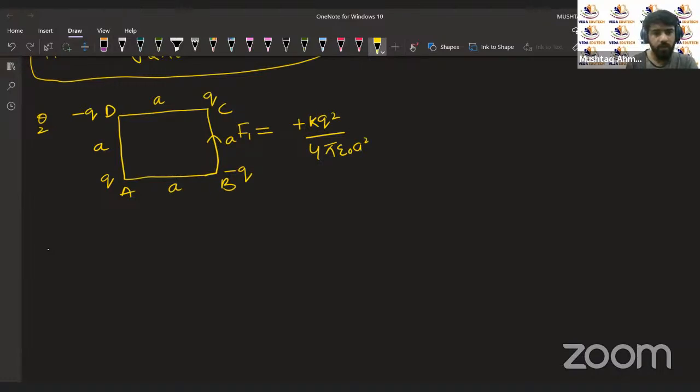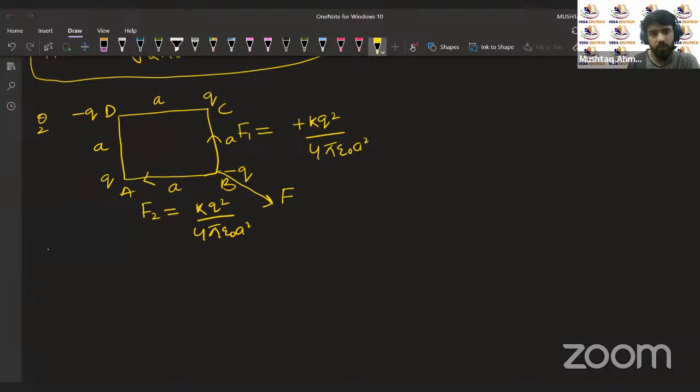Similarly, minus Q will once again be attracted because of the charge placed at A. It will be along this direction. Let me call this force F2. It will once again be KQ square upon 4 pi epsilon naught A square. And the force because of the charge at D: since at point D the charge is negative, and at point B the charge is also negative, it will be a repulsive force, along this direction.